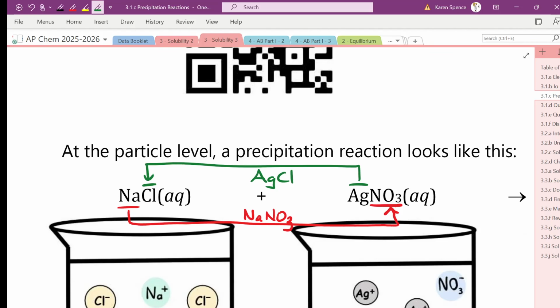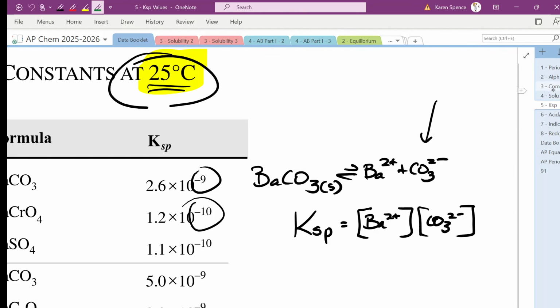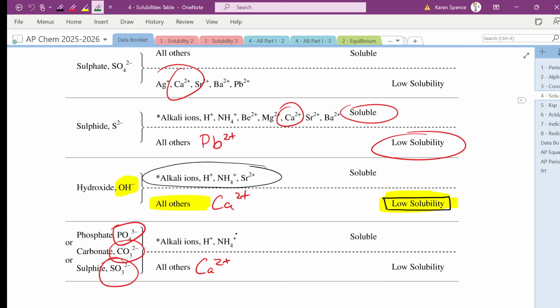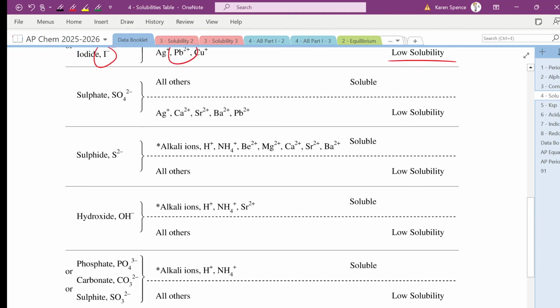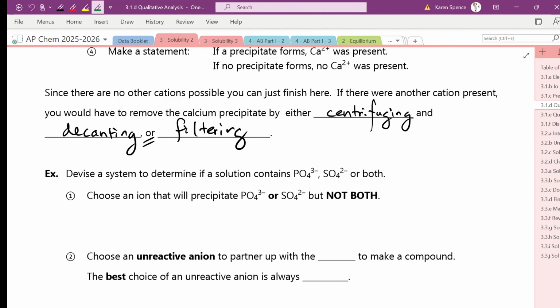Where would you check? Your table. So we go to our table. It is on page 3. Nope, 4. It's on page 4. Is AgCl soluble or low solubility? Low solubility. So it would be the, what's the word? The precipitate.